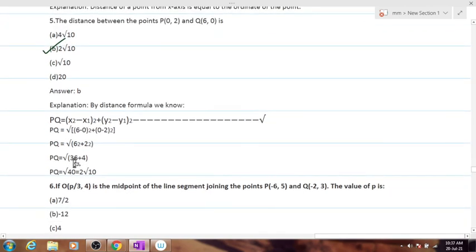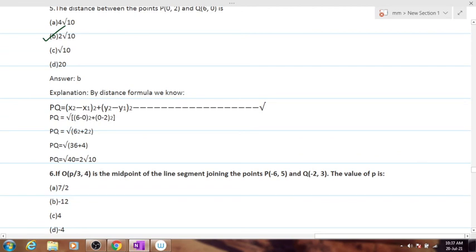I would expect people to copy the question at the same time. Make sure you copy the question. Very interesting question. A bit of twist is there, but I don't think that twist will matter to you all.